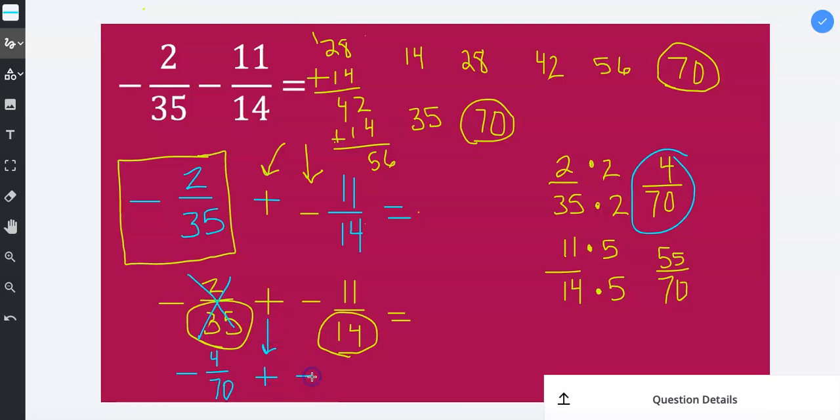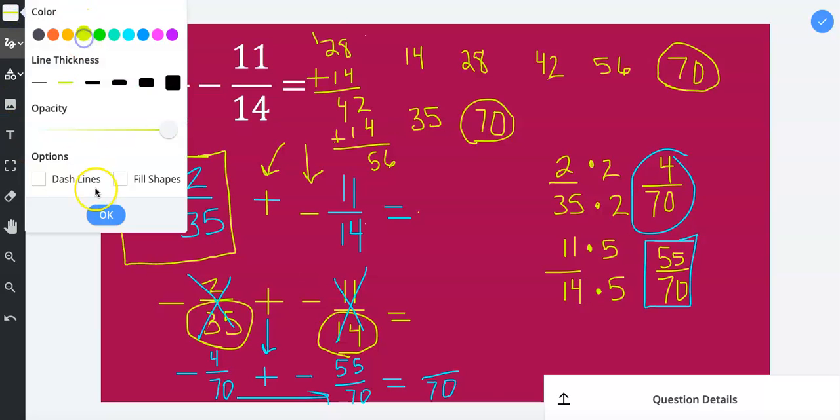I copy this negative symbol, but instead of the 11/14, 11/14 is equivalent to 55/70. All right, so we're going to drag the denominators. The denominator stays the same. So it's a 70. And then I'm going to focus on the numerators over here.